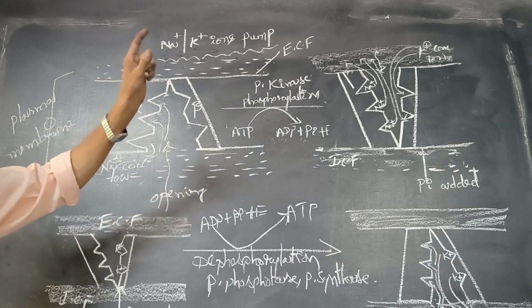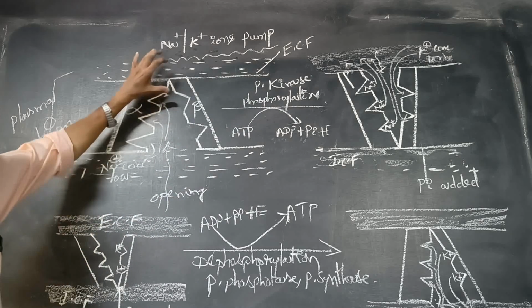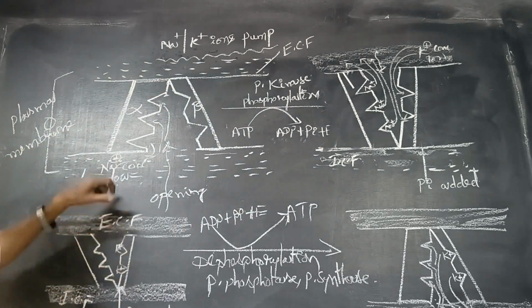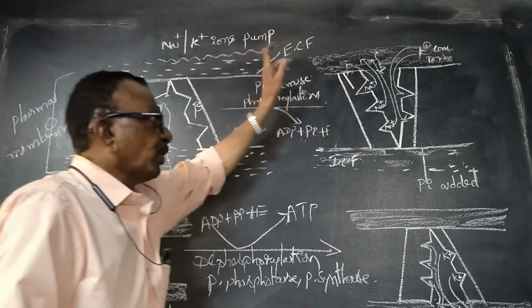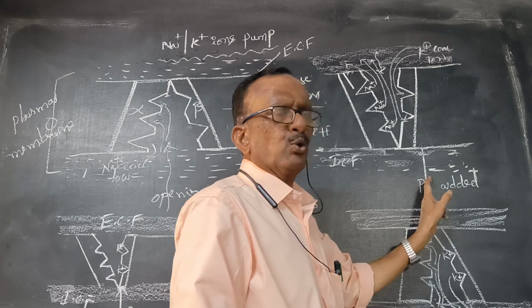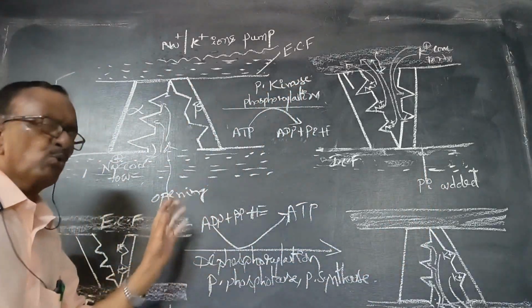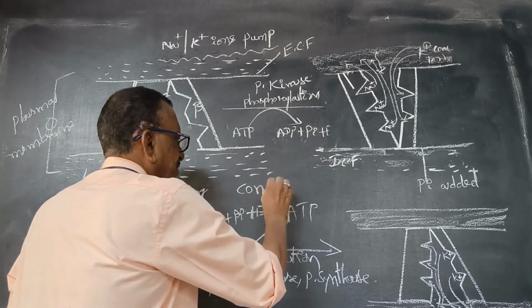So it is an active transport phenomenon. Why? Because we are moving ions against the concentration gradient.